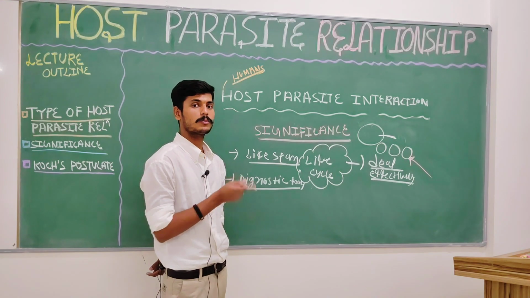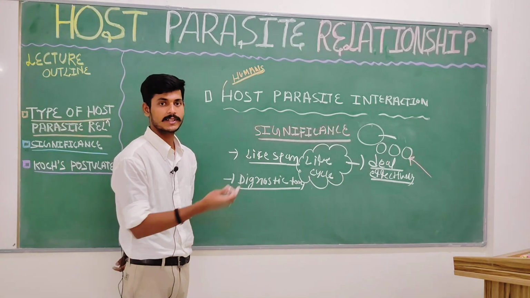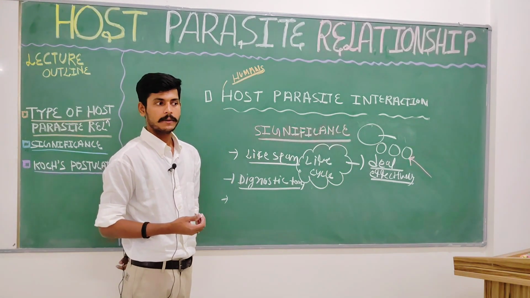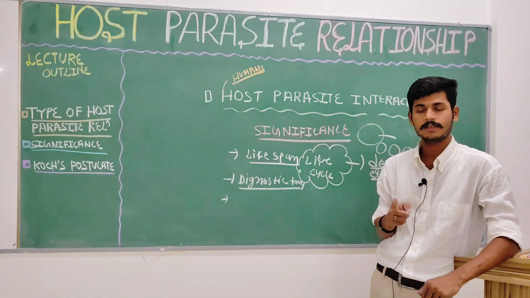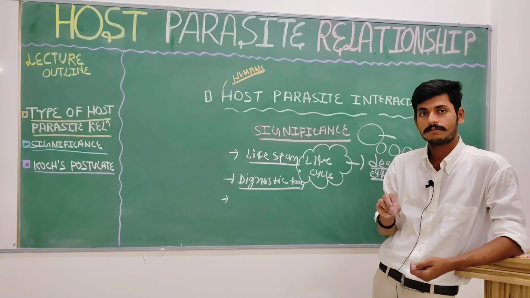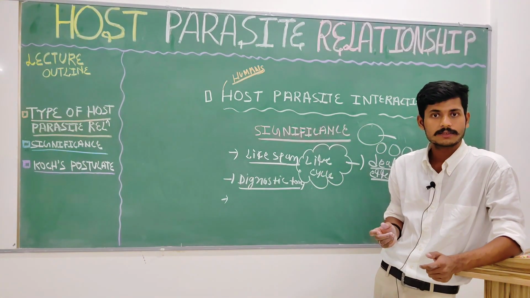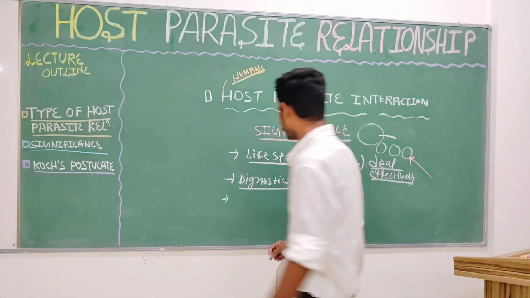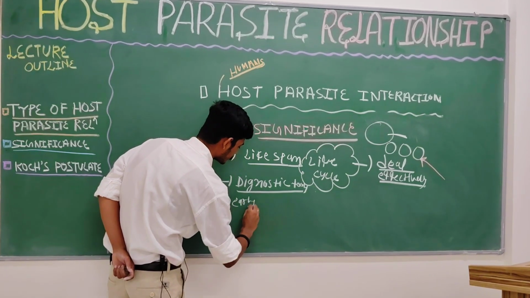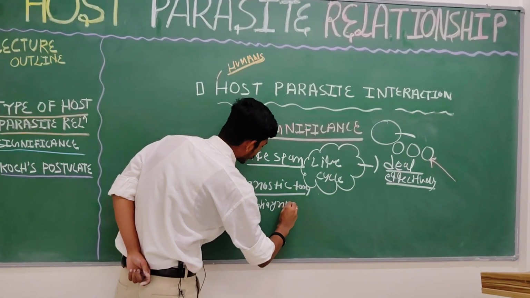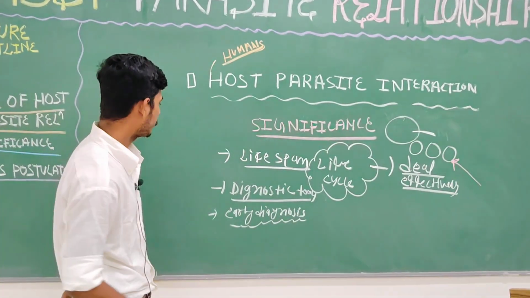If there is a deficiency of the products obtained from that interaction, like vitamin K and vitamin B12, we suddenly know there must be a distortion, or a dysbiosis of Escherichia coli. Are you getting my points? So it also helps in early diagnosis, or we can say it gives room to diagnose the disease quickly.